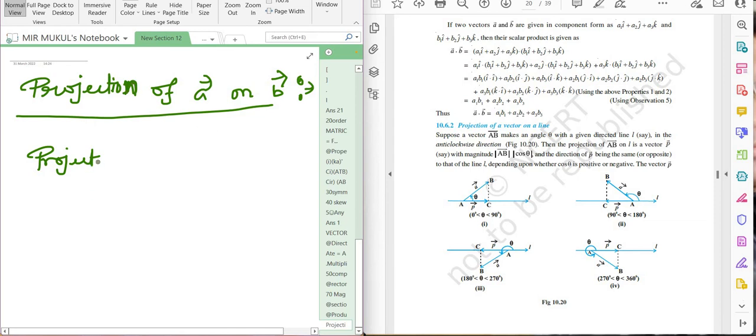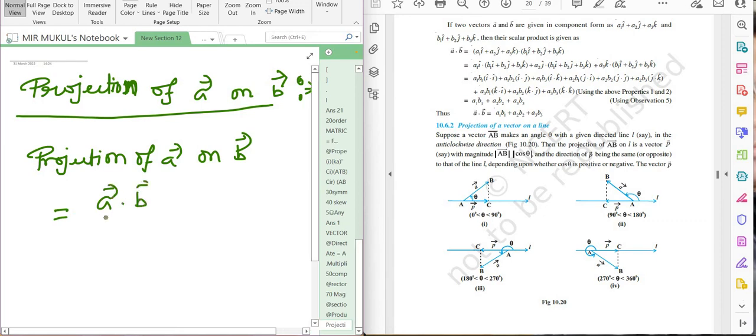Projection of A on B equals A dot B divided by magnitude of B. So you find A dot B, and if you divide by the magnitude of B, we get the projection of A on B.